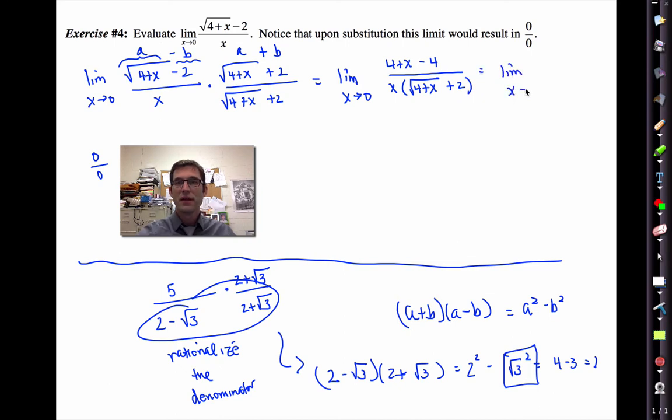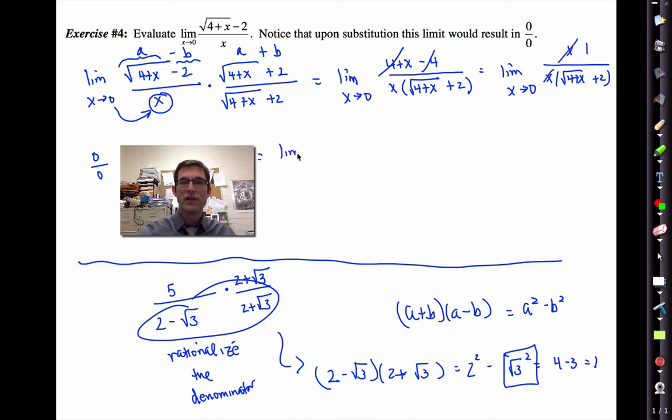Now, if I let the limit as x goes to 0, these two cancel, and I'll get x divided by, oh, this is going to be a little tight, square root of 4 plus x plus 2. And notice the thing that was preventing me from substituting in the first place was that thing going to 0. And notice it cancels, right?